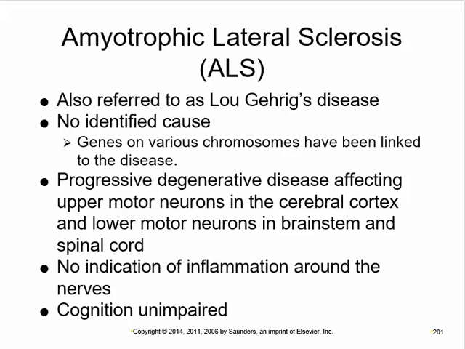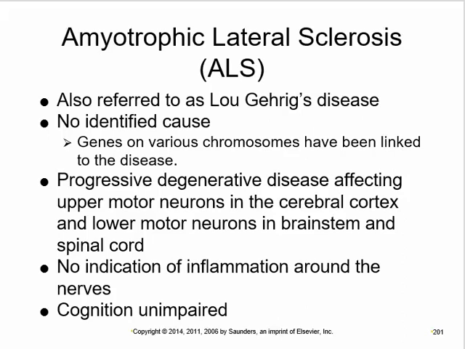But he wasn't the first person to get ALS. He was just the most famous person to get ALS. So that's why people call it Lou Gehrig's disease. It might have a genetic component. They really don't know what causes it.